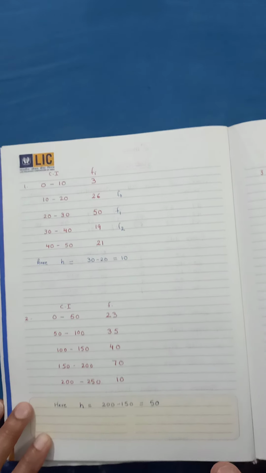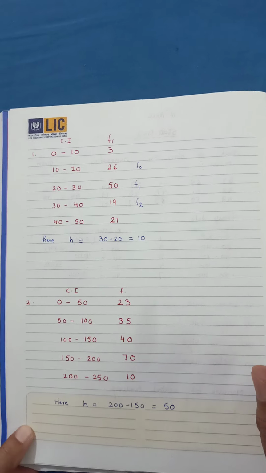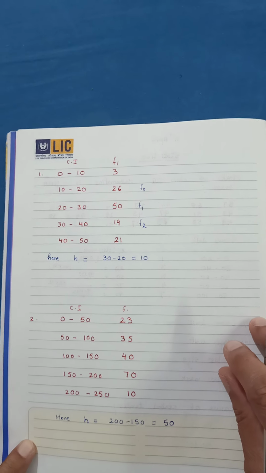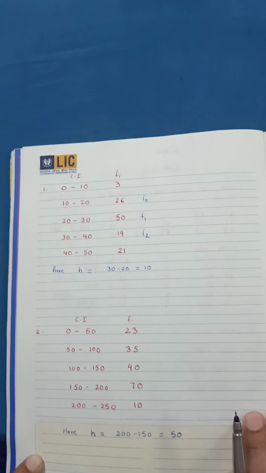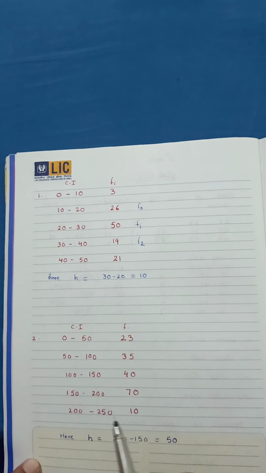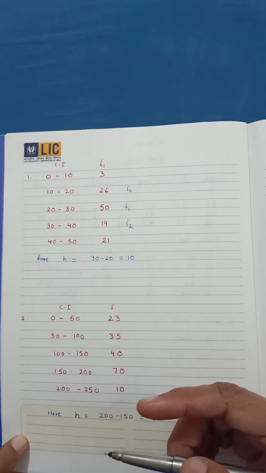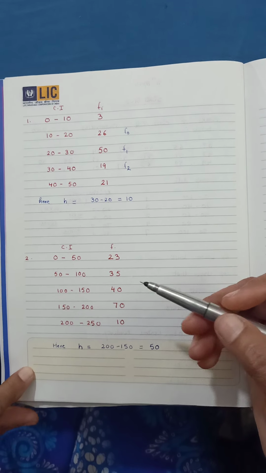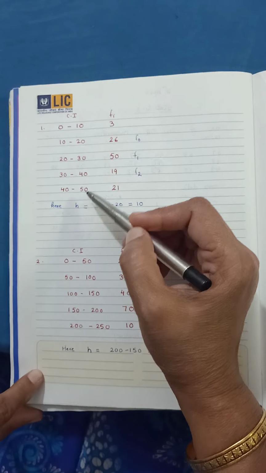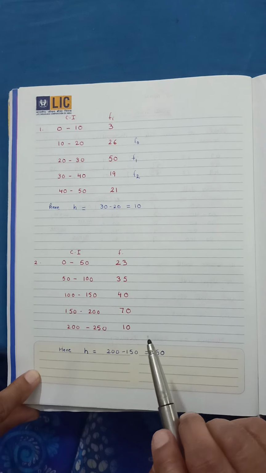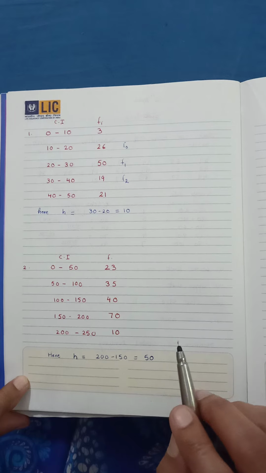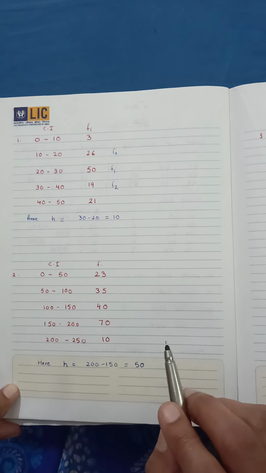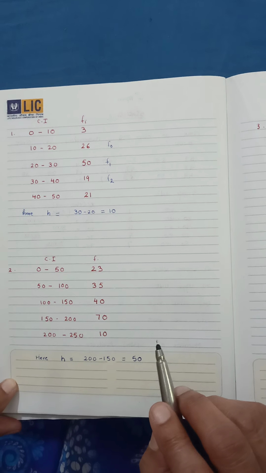Before explaining you the formula for the mode, I'll just explain you the terms used in mode, that is F0, F1, F2. Now question is, what is F1, what is F0 and what is F2? This is the class interval and this is the frequency. To find the modal class, we'll check what is the highest frequency.